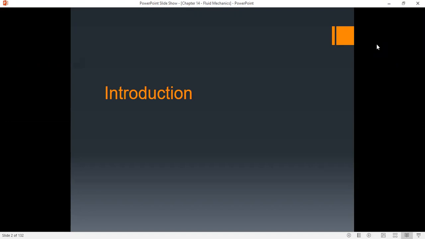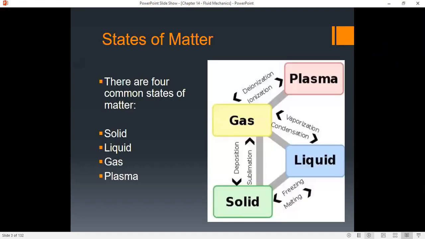We're going to take a look at chapter 14 from volume 1 on fluid dynamics. So just a quick introduction before we start talking about what a fluid is. We need to look at the different states of matter because only a few of them can actually behave like a fluid.